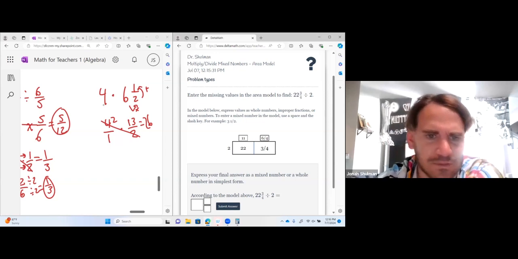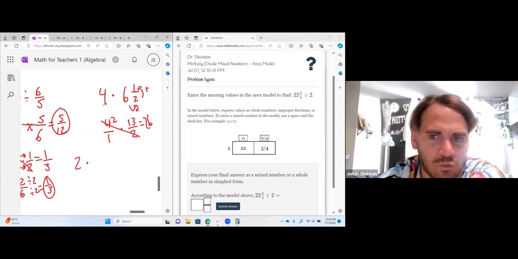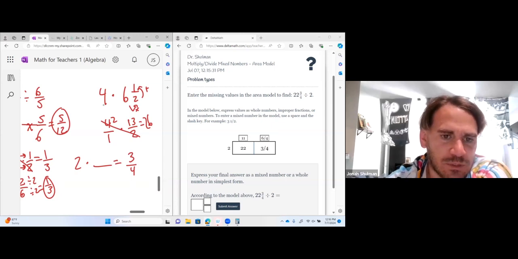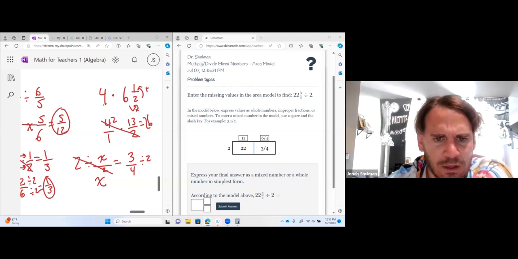Let's think about this. 2 times what equals 3/4, right? So the best way to do it, if this is x, we actually have to divide both sides by 2. So x, because if I divide by 2, those cancel. Okay. There's a little algebra.